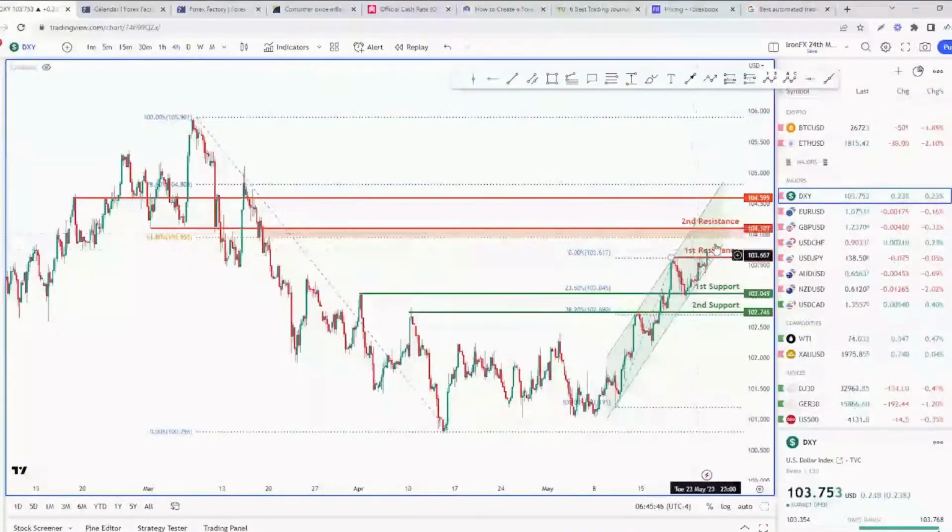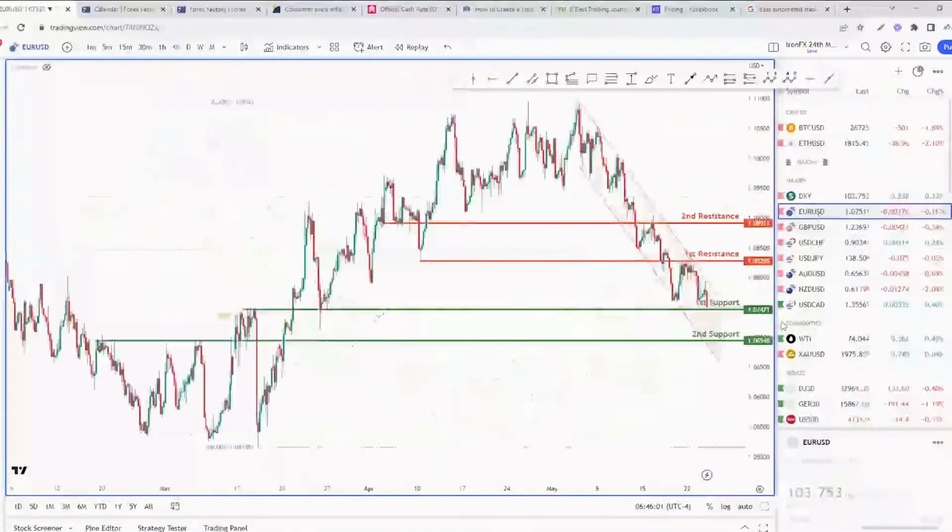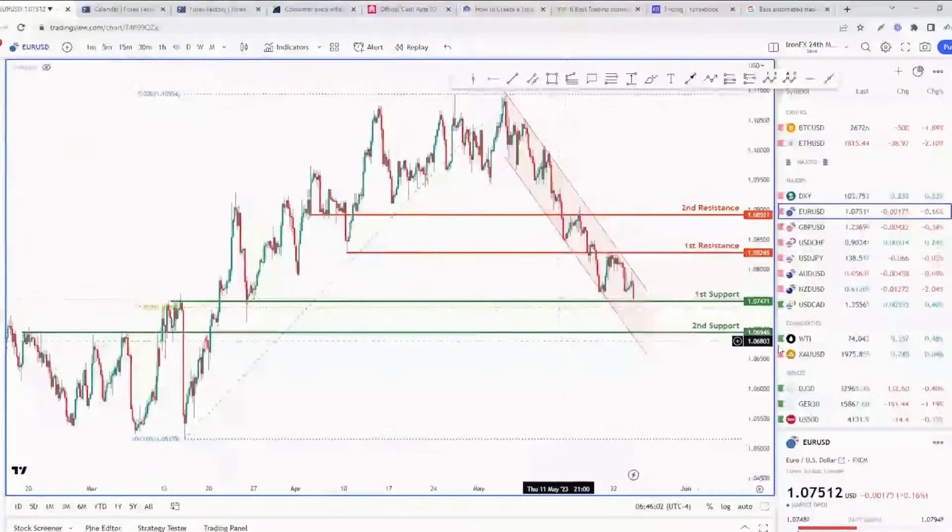So if dollar index is rising, then naturally we would expect euro dollar to fall, pound dollar to fall, and of course dollar yen to rise. So let's take a look at how those currency pairs are faring. Right. So here we go.